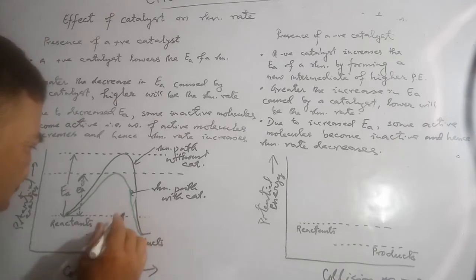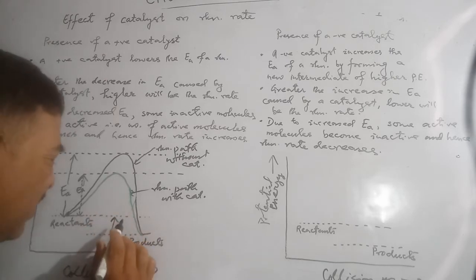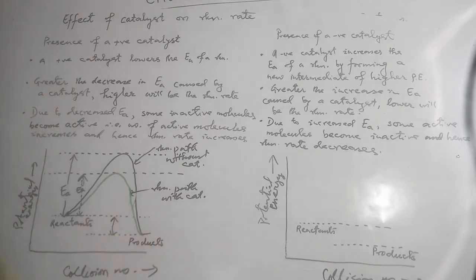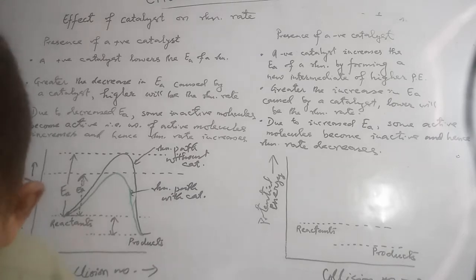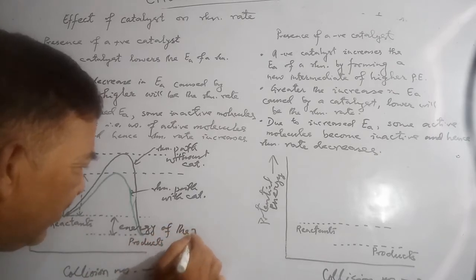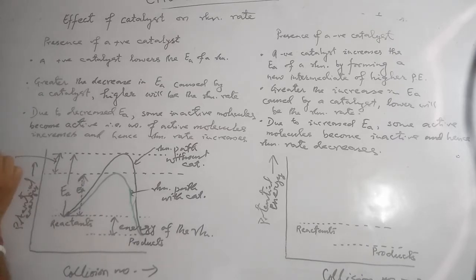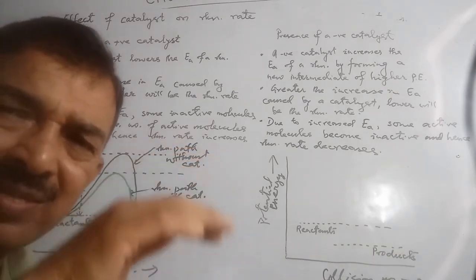This portion, the difference in the potential energies of the reactants and the products, is called the energy of the reaction, and this value is the decreased activation energy. Now what happens in the case of a positive catalyst when the activation energy of the reaction decreases?